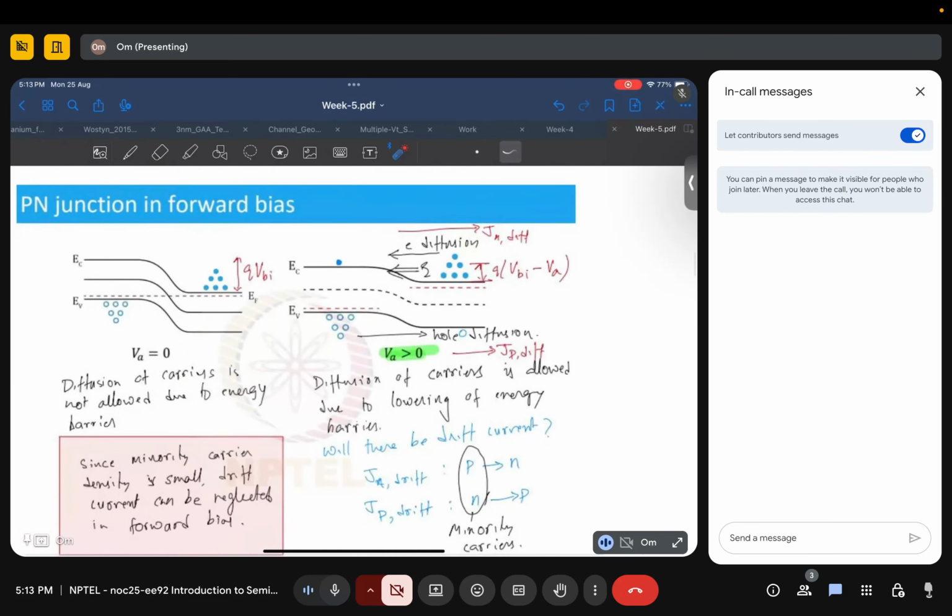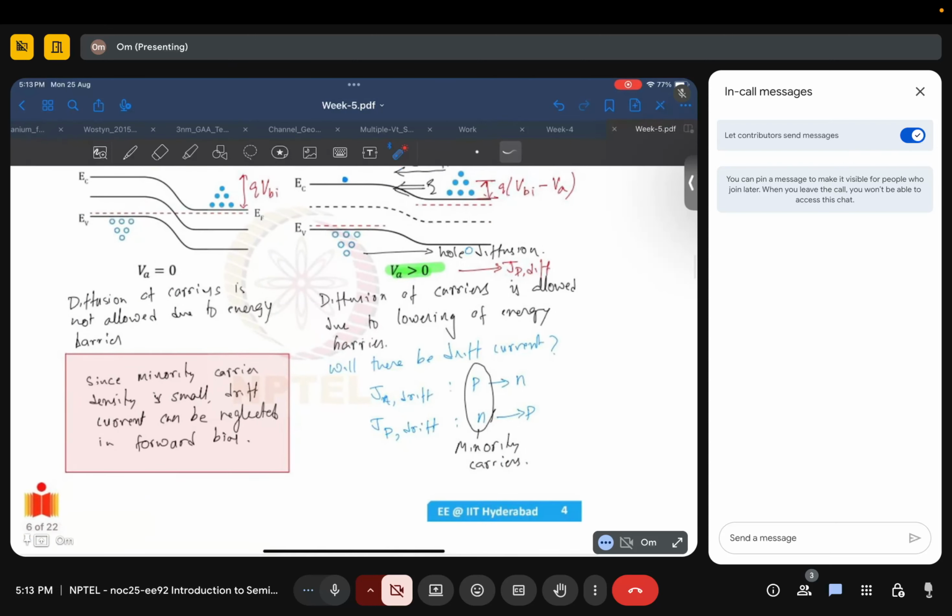So basically the electrons from here and the holes that are here, we reduce this barrier by applying a VA so that these electrons can go from n side to p side and holes can go from p side to n side. That is hole diffusion. Here it is electron diffusion. So diffusion.